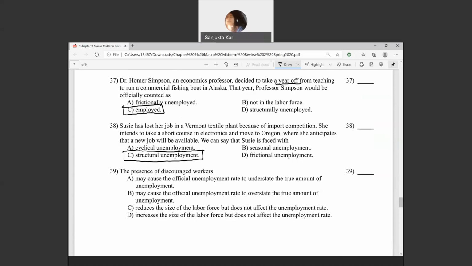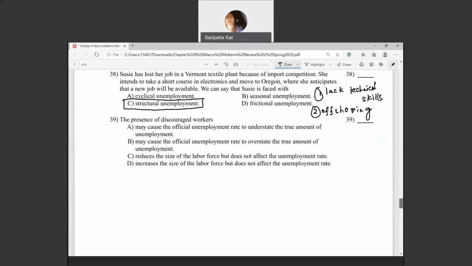We get structural unemployment for two reasons. Number one, people lack the necessary technical skills. And number two, due to offshoring of jobs. Your job is not in the country anymore.